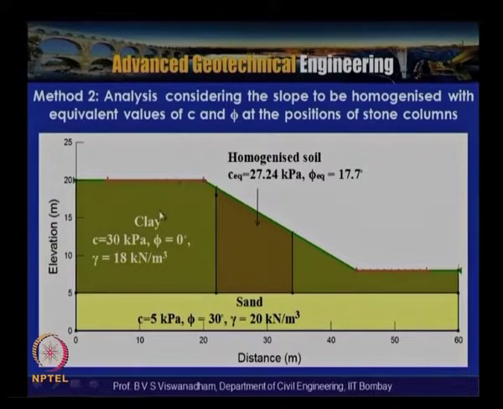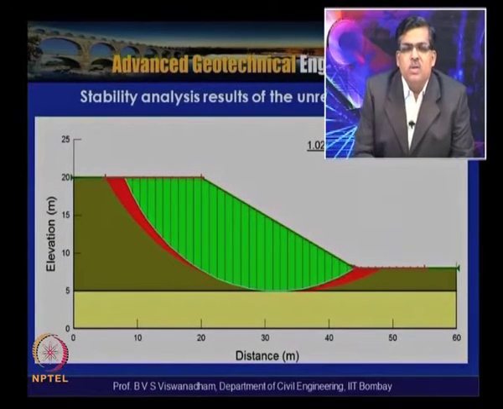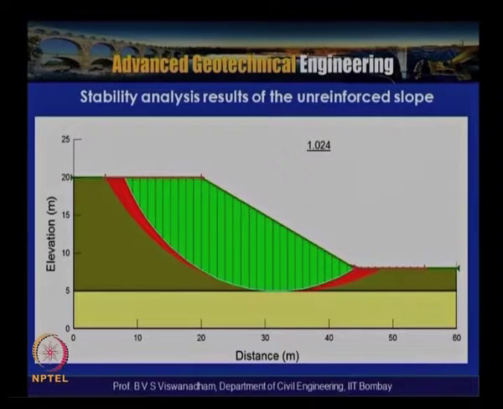Then the results are compared: without any stone columns, with individual stone columns, and with homogenized equivalent values of C and phi. This figure shows the cross section of a slope without any stone columns, that is, an unreinforced slope. The factor of safety obtained is about 1.024, so there is a need for improvement of the factor of safety.